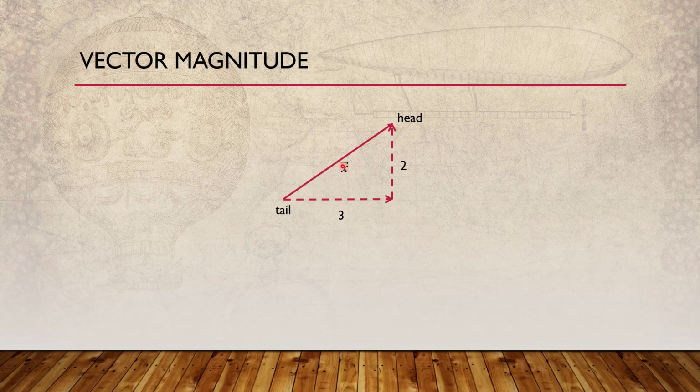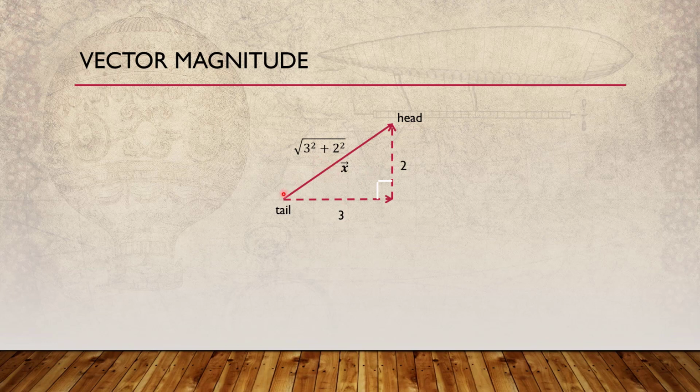So this is my x vector over here, correct, which we defined in the last slide. From this point we are going three steps, and here we are going 2 steps, and this is forming a right angle triangle, right? So we can apply the Pythagoras theorem over here.